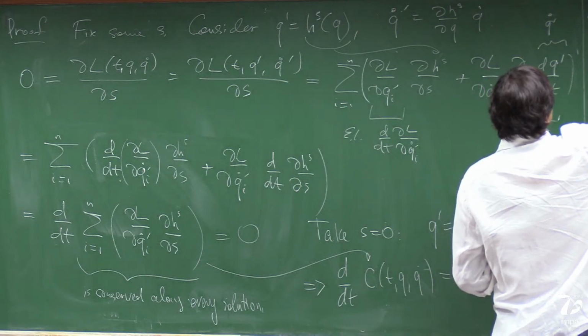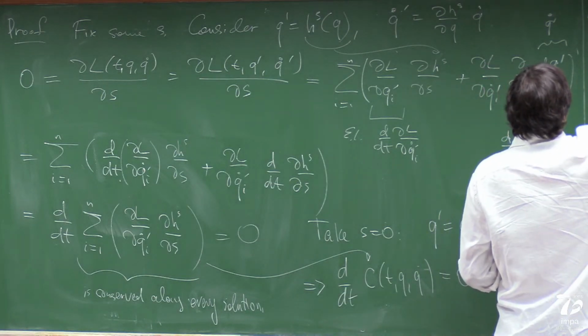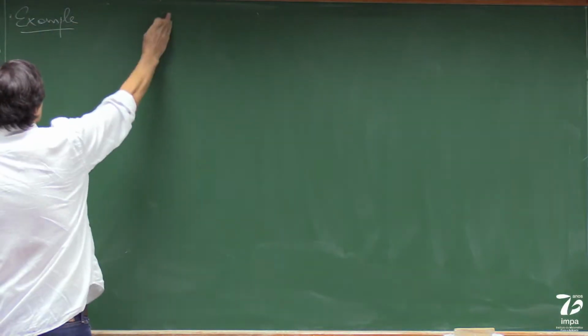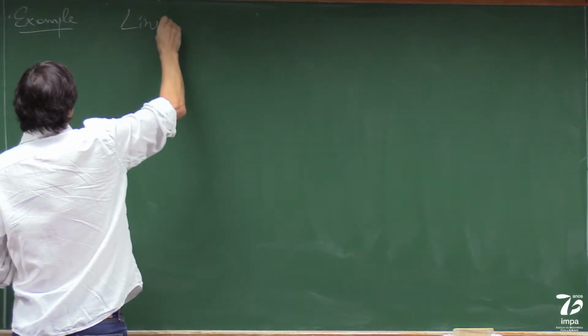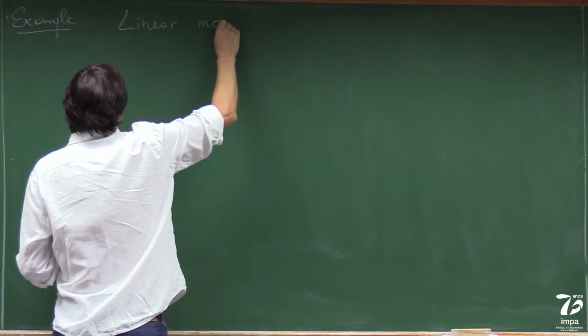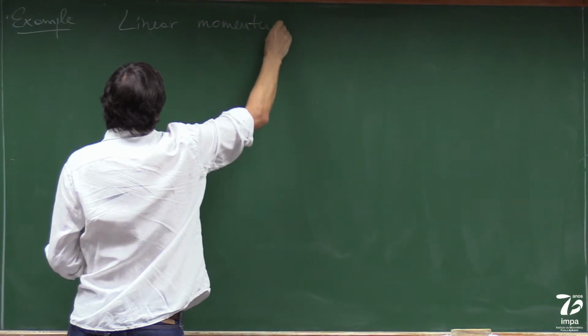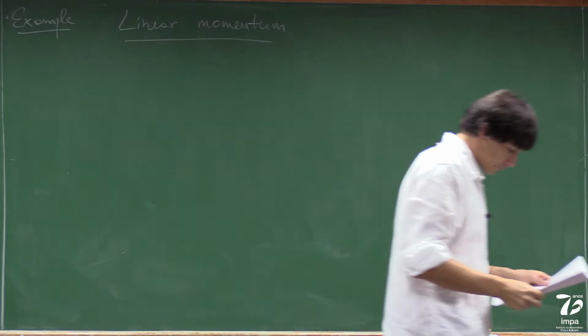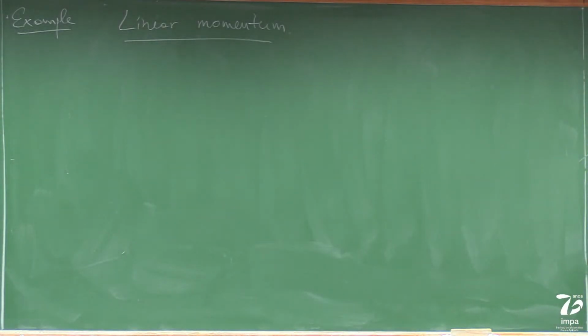So first example will be linear momentum, or just momentum. We already have symmetries from the very beginning.